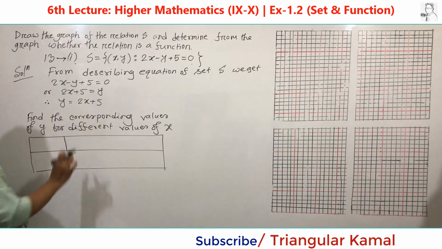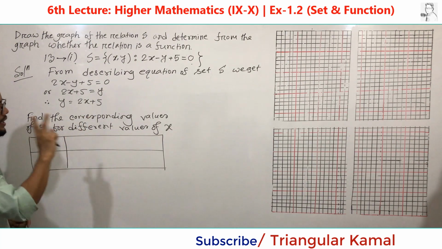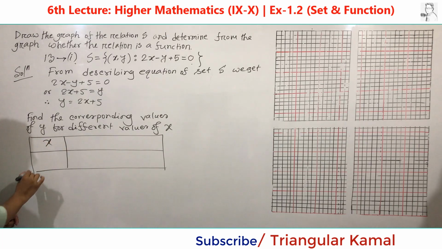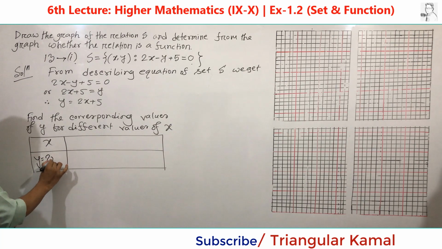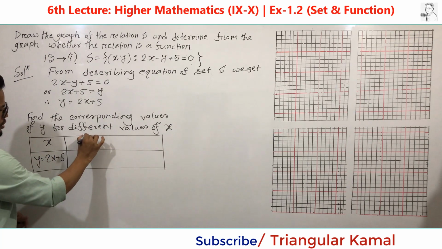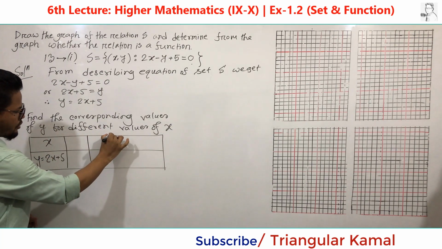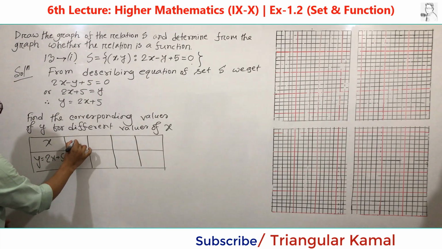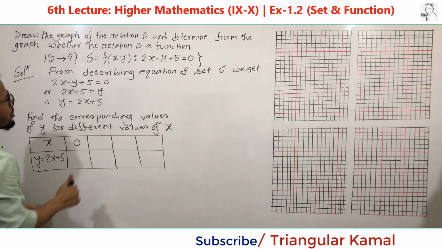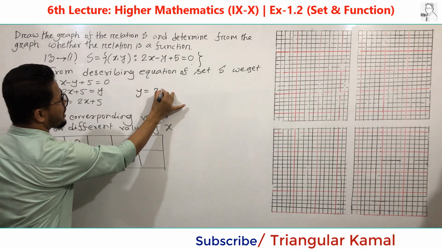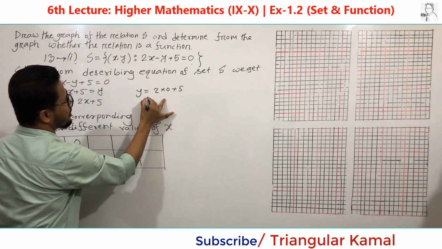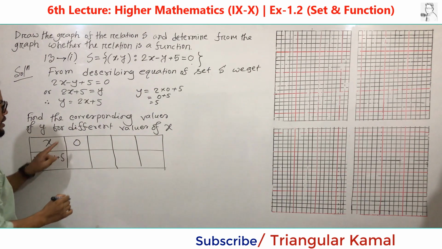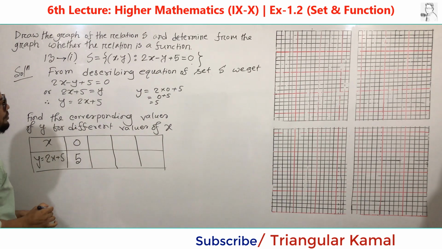For a straight line, we have to find at least 2 values. So first, independent variable x and dependent variable is 2x plus 5. So we will find here 4 values. First, if we consider x equals 0, then what will be the answer? y will be 2 times 0 plus 5, equals 0 plus 5, equals 5. When x equals 0, y will be 5.